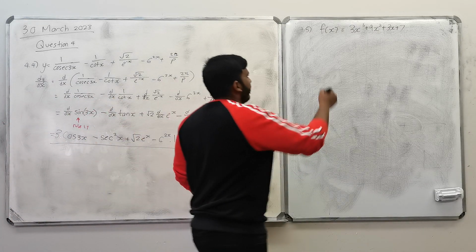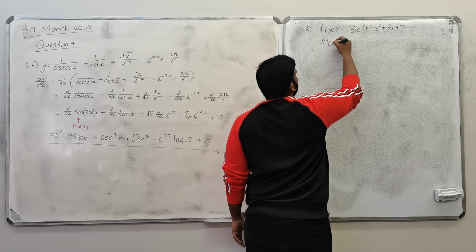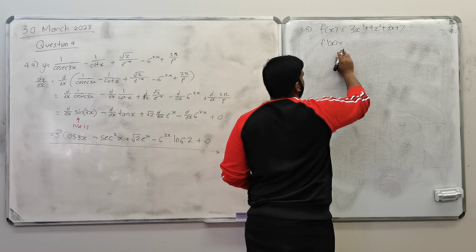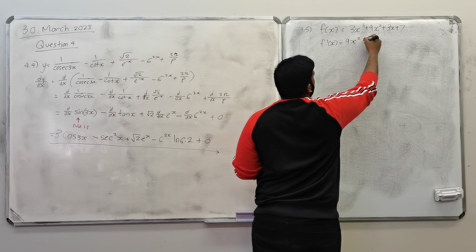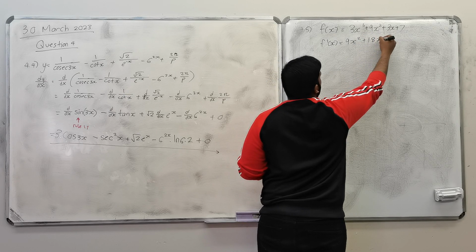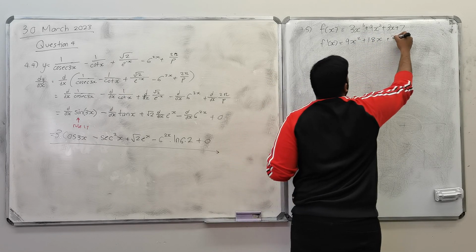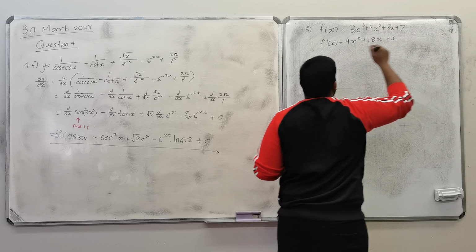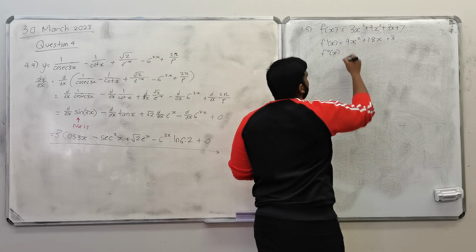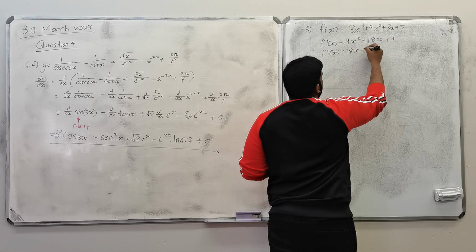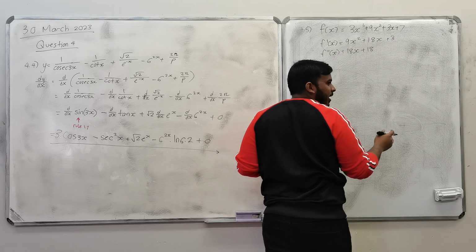So this is f of x. F prime x is your first derivative, which would be 9x squared plus 18x plus 3. Your second derivative is 18x plus 18. That's it. Right?